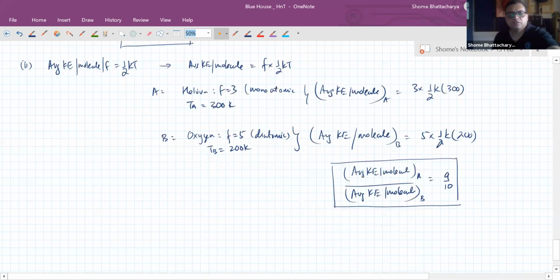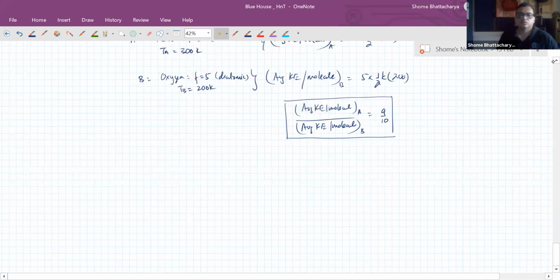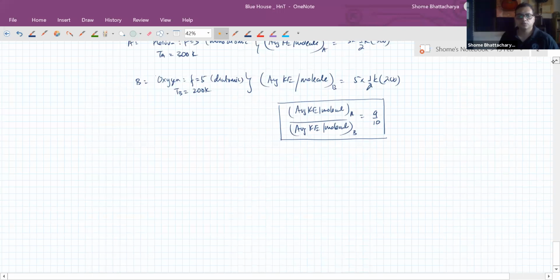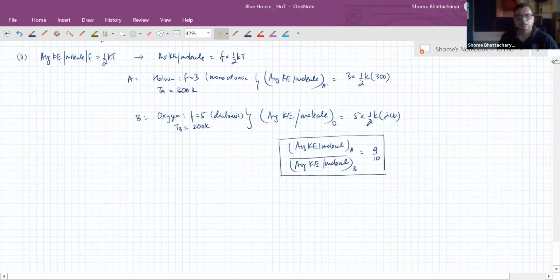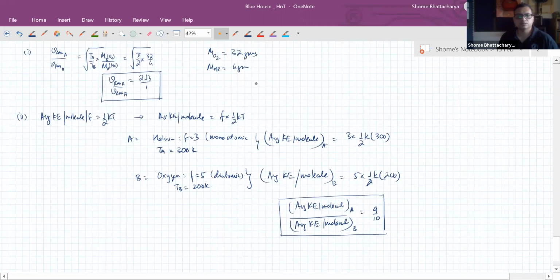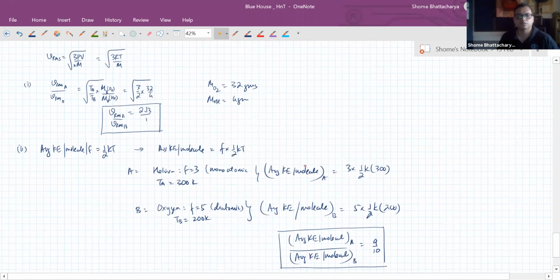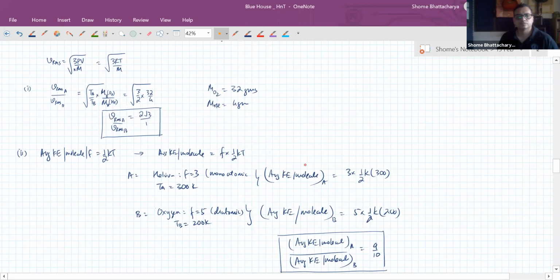You just go through this and verify what you have done. It's just about selection of the correct or most convenient formula. Average kinetic energy per molecule per degree of freedom is half kT, and F is 5 for diatomic and 3 for monoatomic.